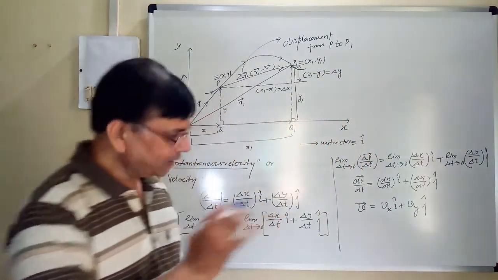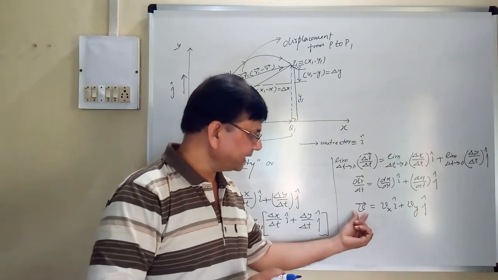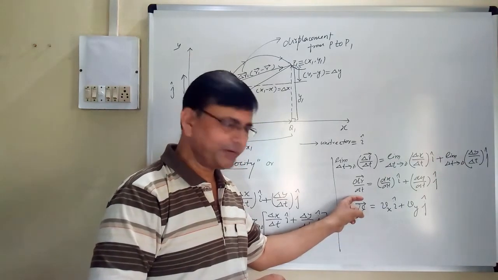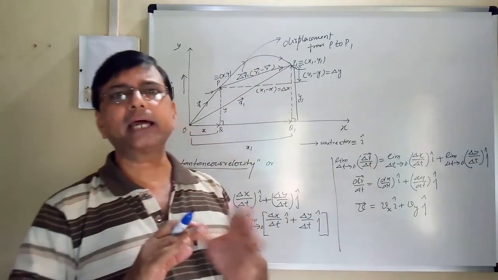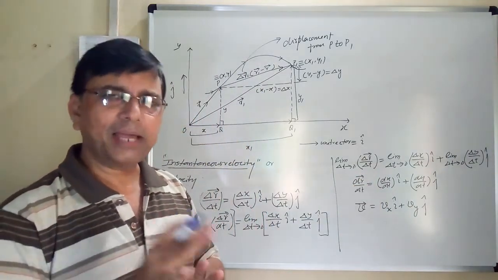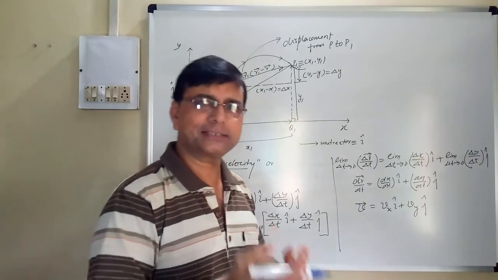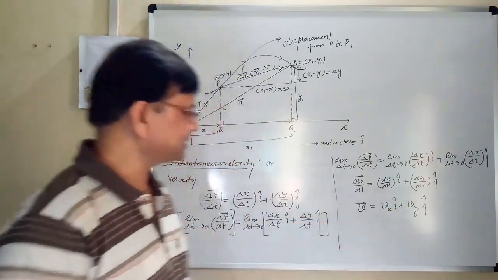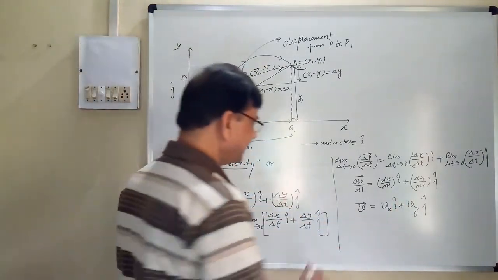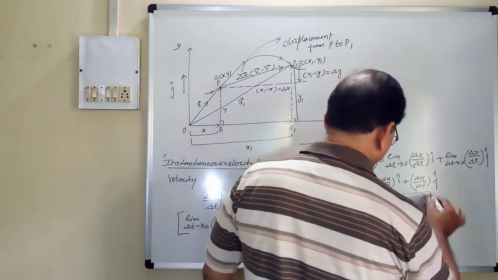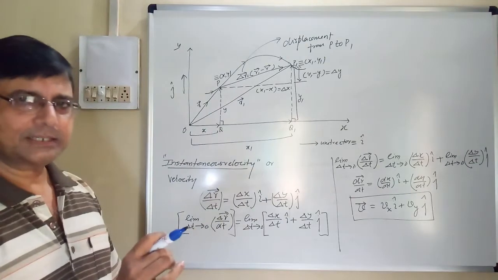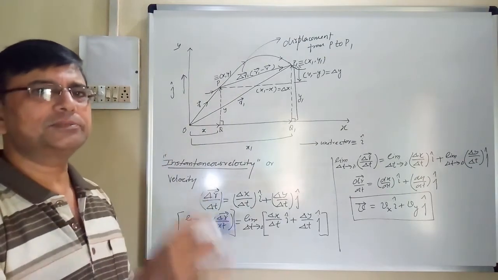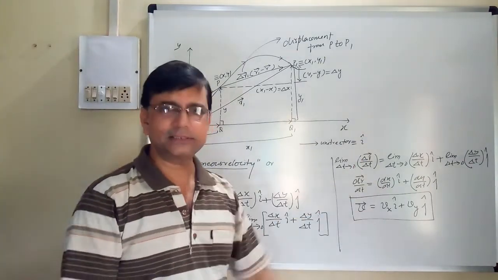In all these cases, if you remember, we had written a bar at the top: Vx bar, Vy bar. That was the average velocity and the magnitude of average velocity along the x-axis and y-axis. Here it is called the instantaneous velocity, means at a particular place, when the object is reaching it, what is the velocity, that is given by this relation.